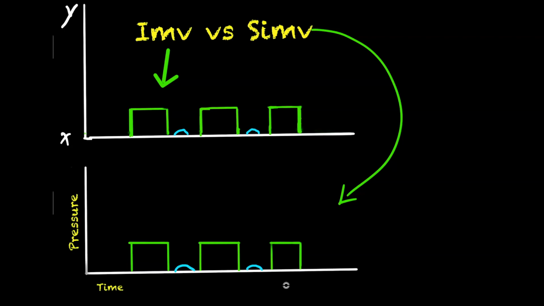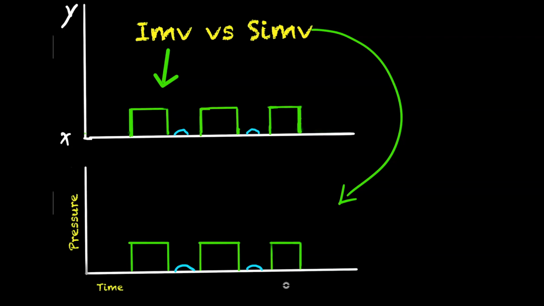In the IMV mode, these spontaneous breaths can occur, but they're not supported at all by this particular ventilator mode. So that means the patient, although they're asleep, if this was like an ICU patient that wasn't sedated, they'd feel like they're breathing through a straw. Their respiratory muscles would wear out pretty quickly. It wouldn't be comfortable at all.